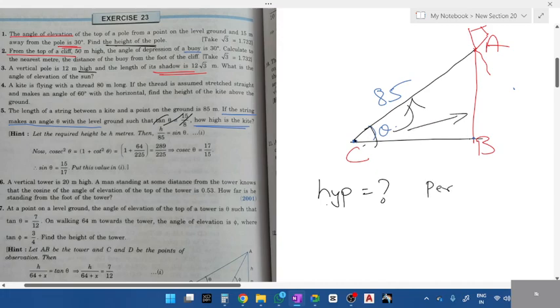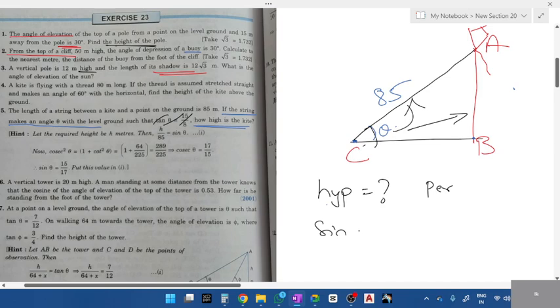We need to find perpendicular. So which formula do we use here, students? For perpendicular and hypotenuse, which formula do we use? Sine. There is no angle given here.